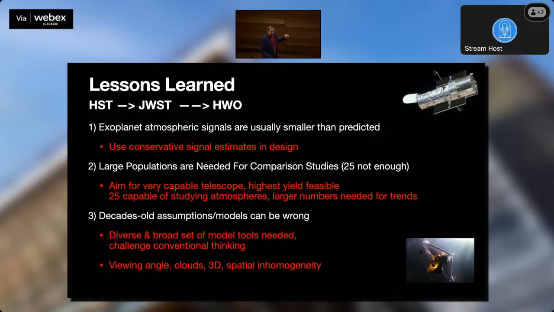But you should aim for a very capable telescope and push yields as high as you can. You're going to need large numbers for trends. And decades-old assumptions could be wrong. So you want a diverse set of models and tools to challenge conventional thinking, thinking about things like viewing angle, clouds, spatial inhomogeneities and so forth.